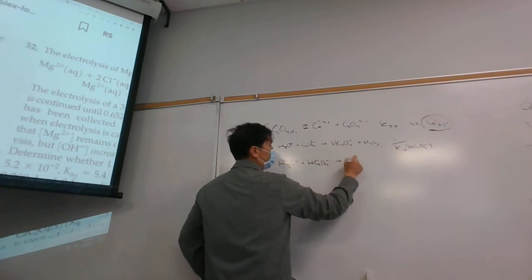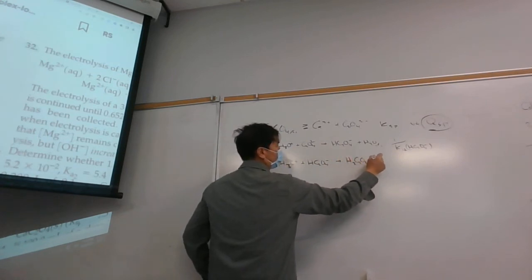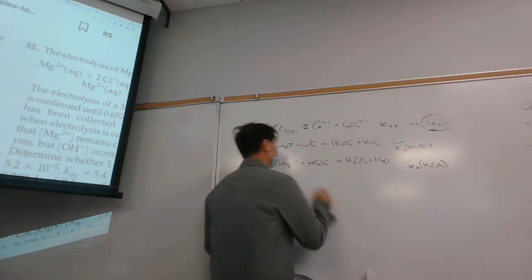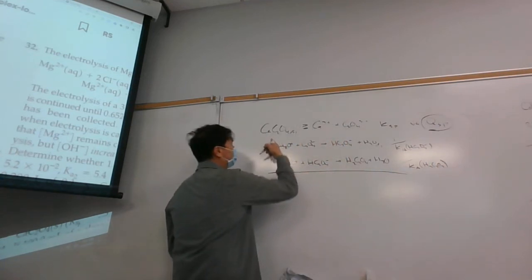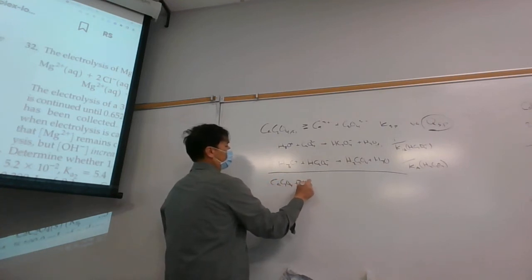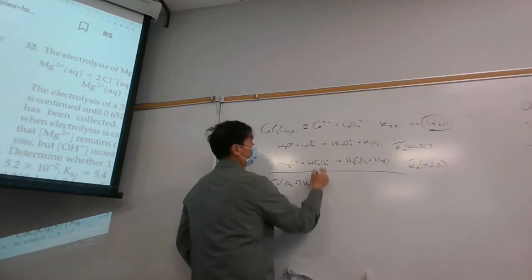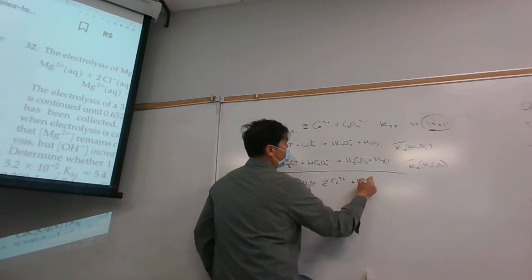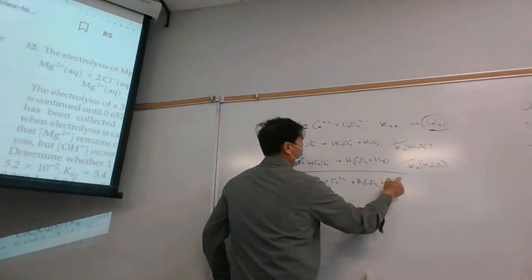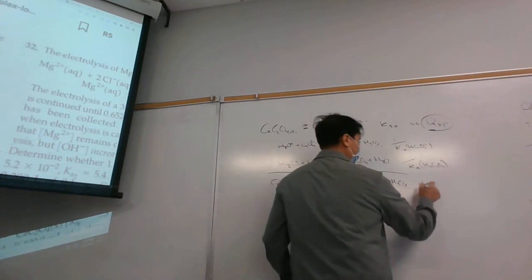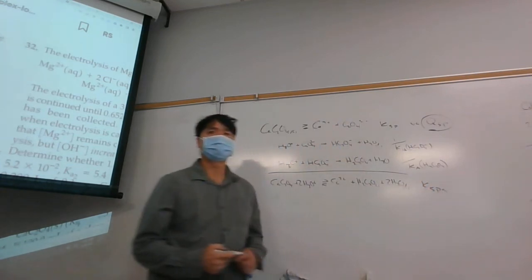And this is going to form oxalic acid and water. And this is 1 over Ka for oxalic acid. And then we combine this here. This would be KSPA here.